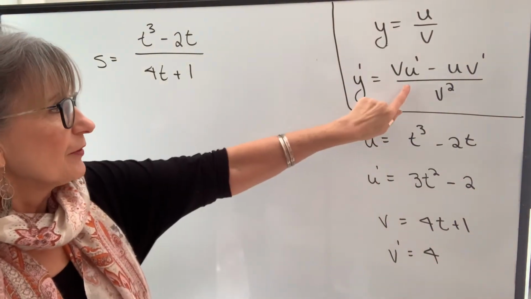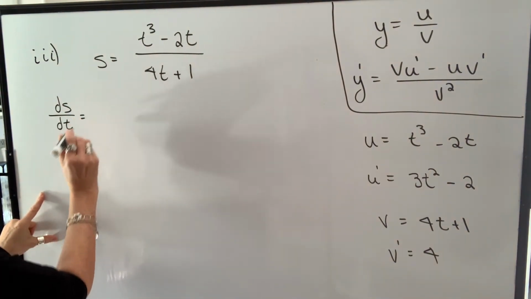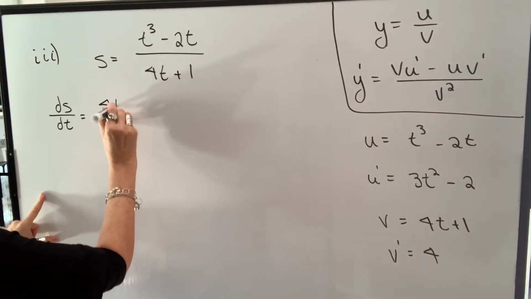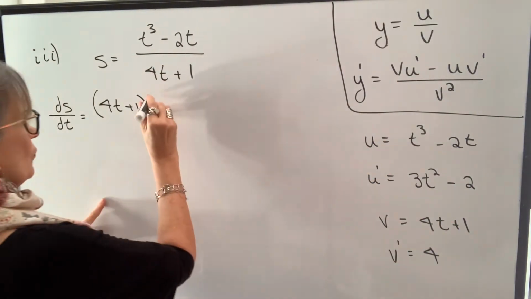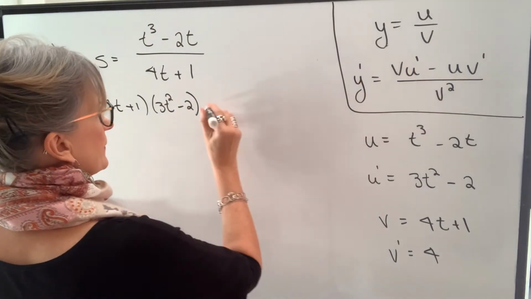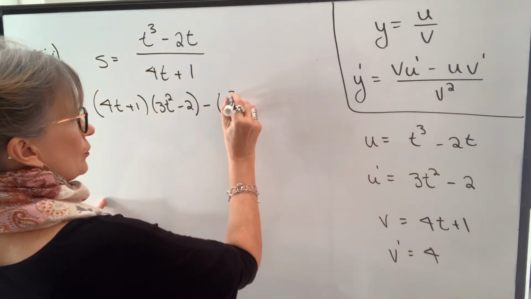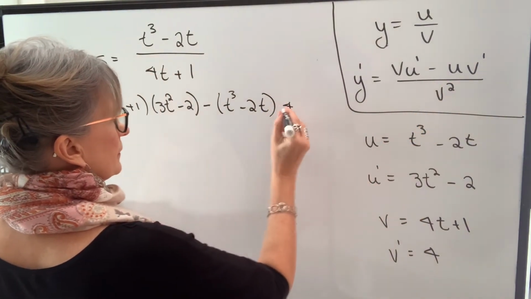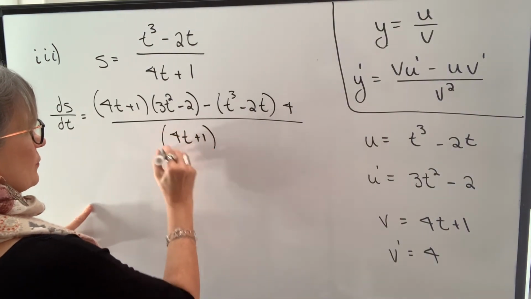Now I plug those into my formula. So ds/dt will be equal to v, which is 4t plus 1, times u prime, which is 3t squared minus 2, minus u, which is t cubed minus 2t, times v prime, which is 4, the whole thing over v squared.